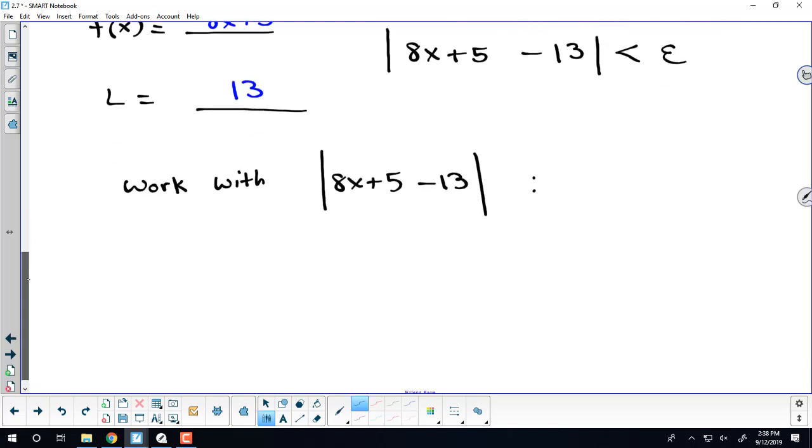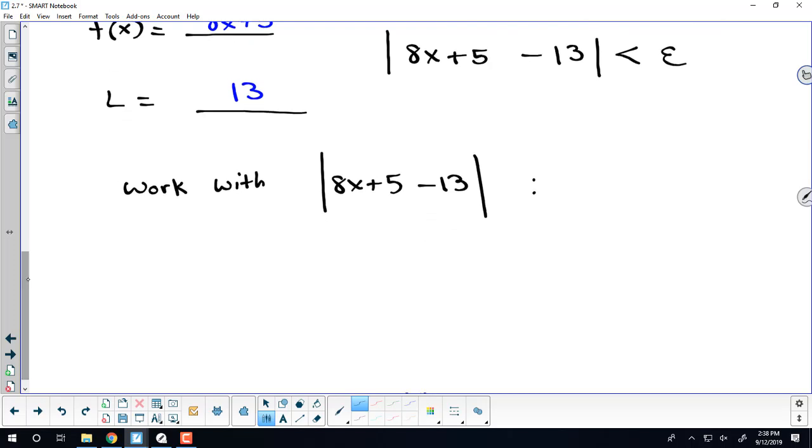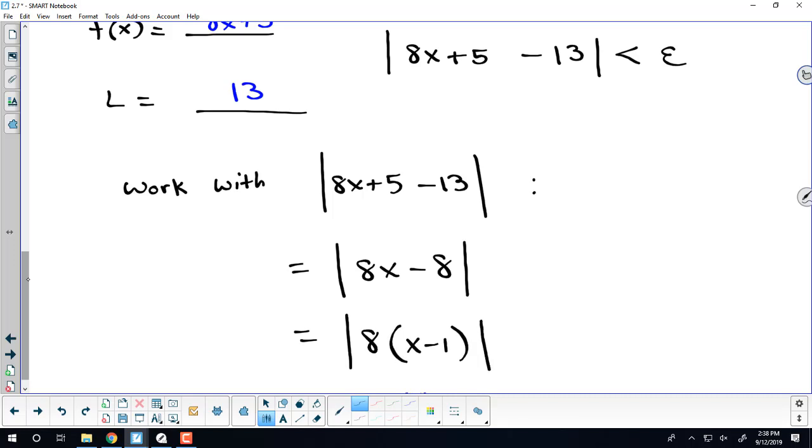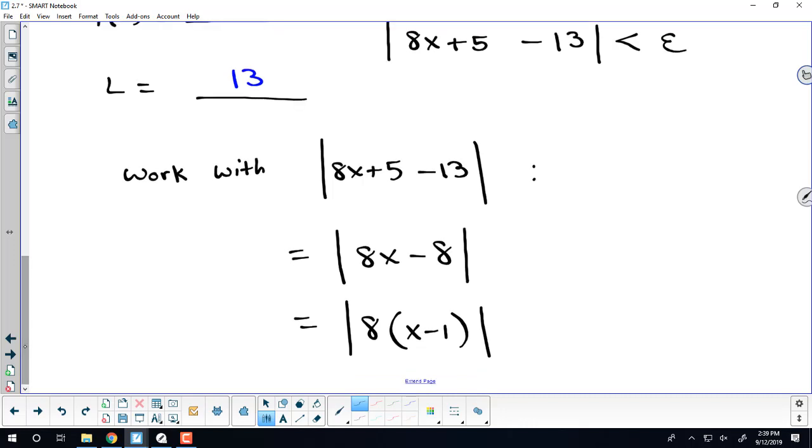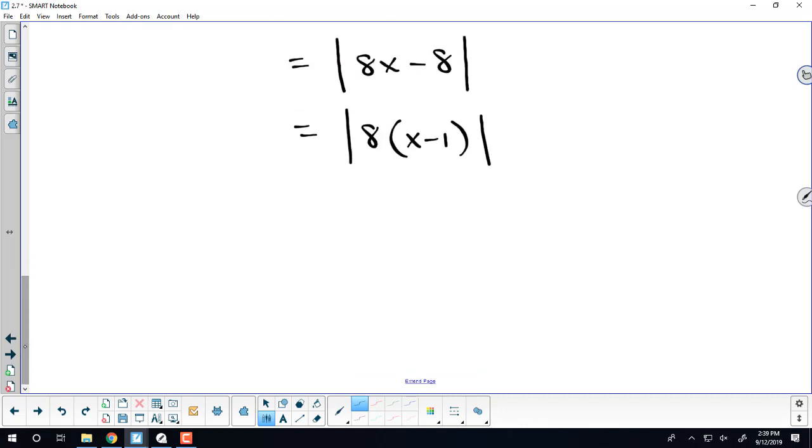Okay. So we have the absolute value of 8x minus 8. We'll factor the 8 out. And then, of course, the absolute value of that product: since 8 is always positive, we'll take it out.